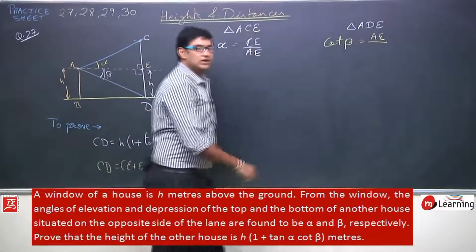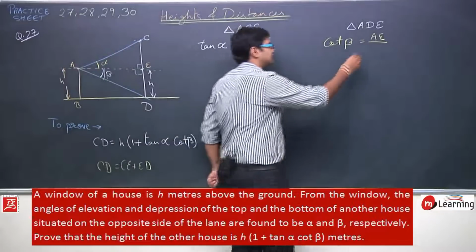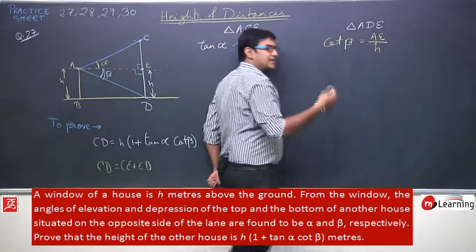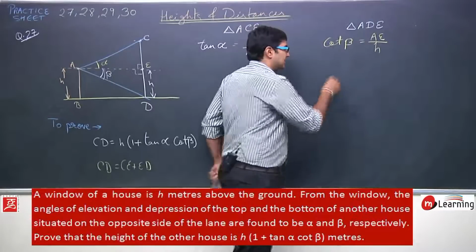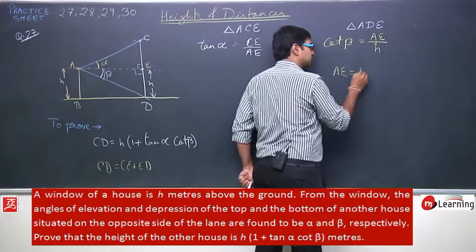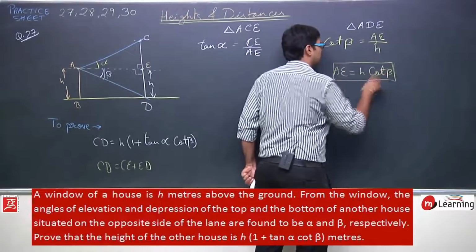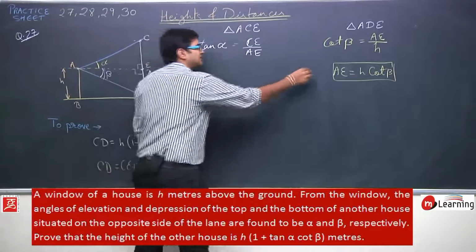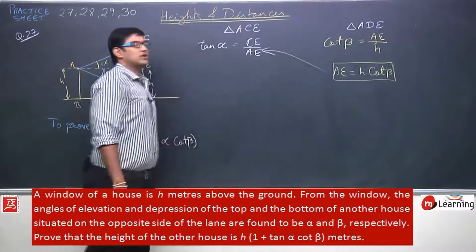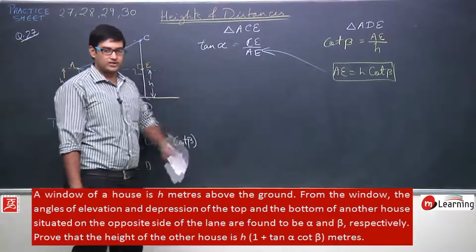upon what is perpendicular? Perpendicular is this H, or you can write ED also, or I am directly writing H. So from this I will get AE is equal to H times cot beta. Now substitute the value of AE in this equation.